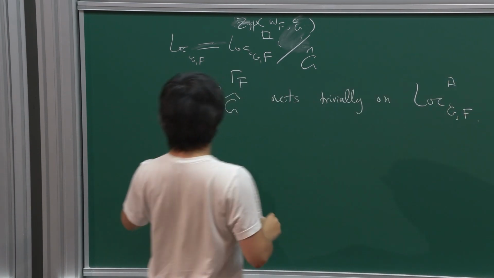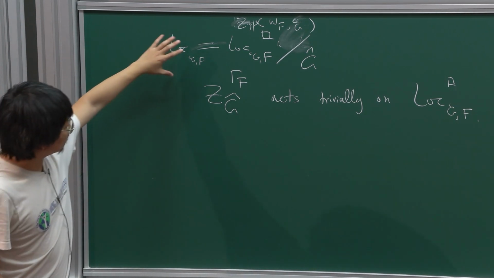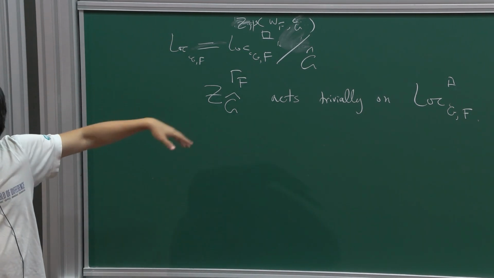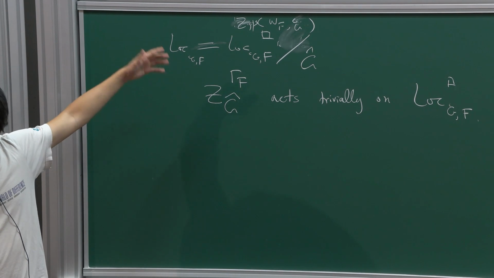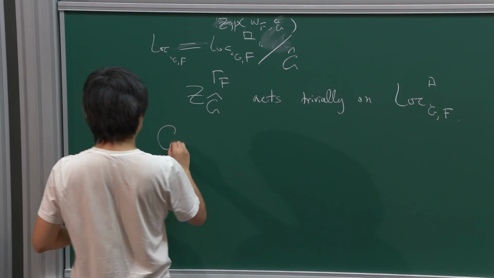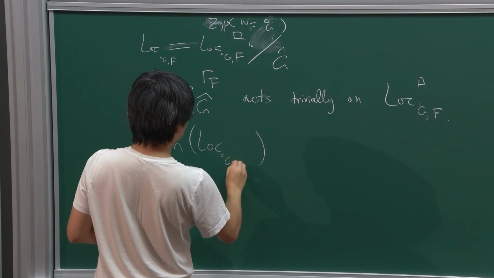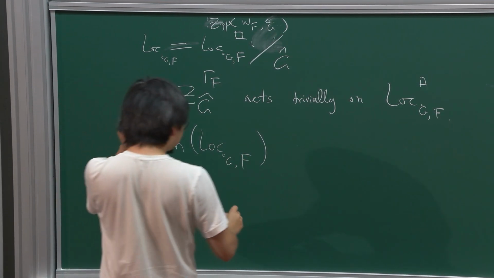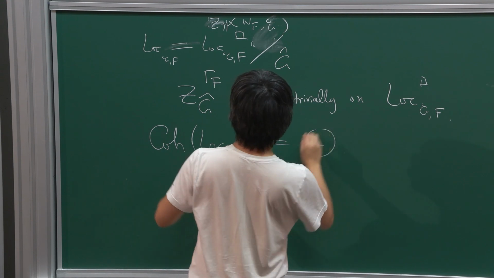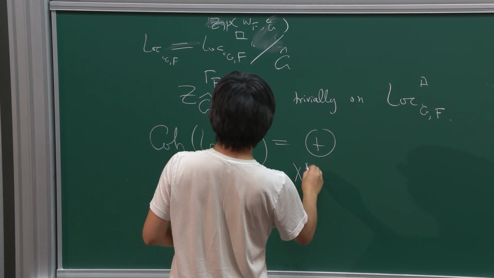And therefore, in some sense, this is a sort of gerbe over something else, and the category of coherent sheaves admits a decomposition according to the character of this.